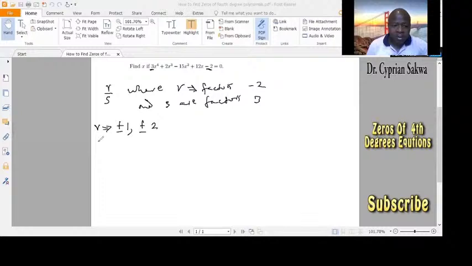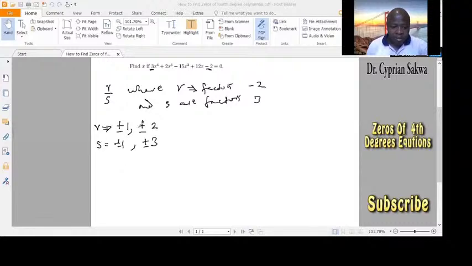And our possible s, those are the factors of positive 3, which are positive or negative 1 and positive or negative 3. So we have our possible r and our possible s. So what are our possible roots? We want to see if this equation can be factorized, then one of its roots must be one of the following.